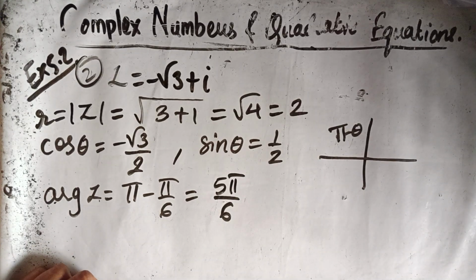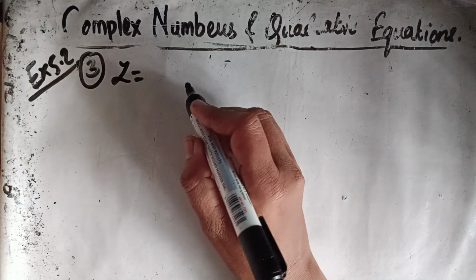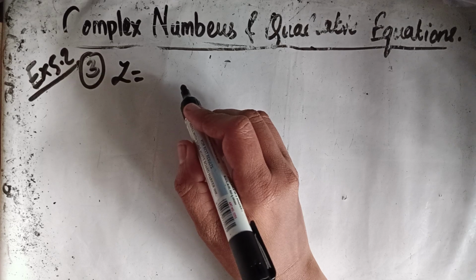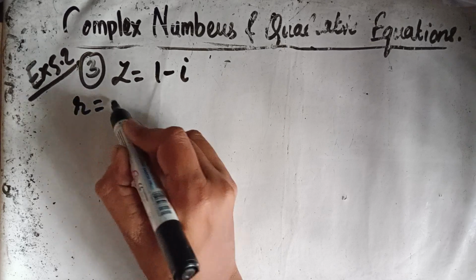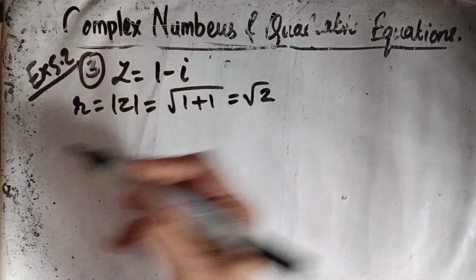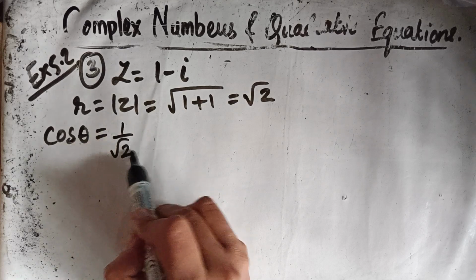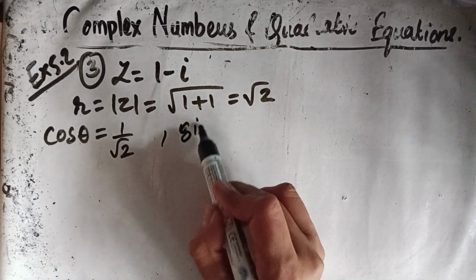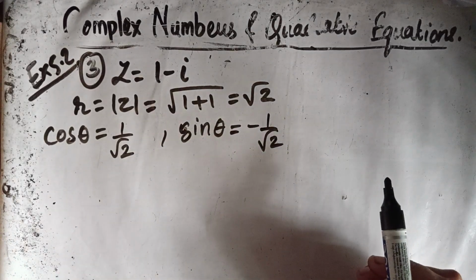Next is 1 minus i. You have to convert each of the complex numbers into the polar form. So the same steps you have to take. That is, you have to find arg of z and then write the polar form. For 1 minus i, r of z is root of 1 plus 1, root 2. Cos theta is x upon r, sin theta is y upon r. This is 45 degree, that is pi by 4.